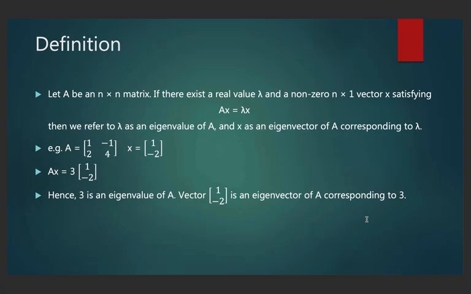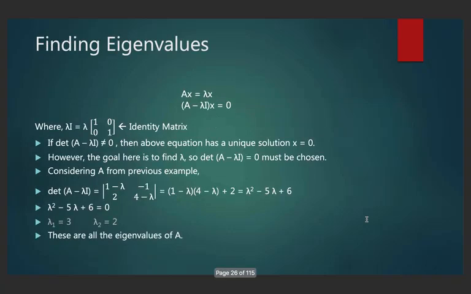So how can you find the eigenvalues and the eigenvectors? Ax equals lambda x, that means A minus lambda I times x equals 0, where lambda I equals lambda times 1 0 0 1, which is the identity matrix. If the determinant of A minus lambda I is not equal to 0, then the equation has a unique solution x equals 0.